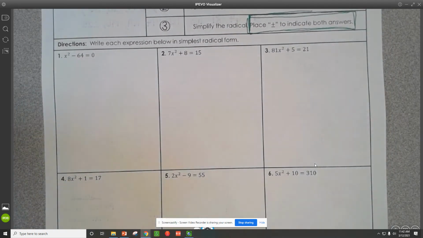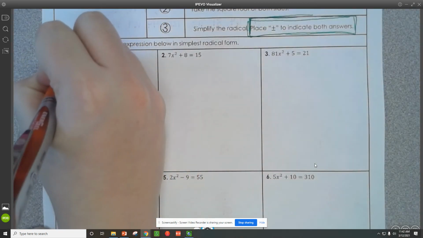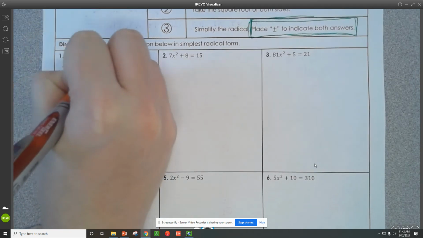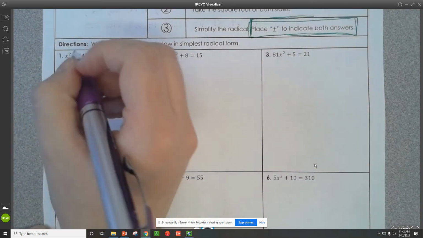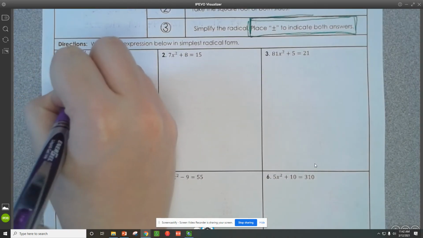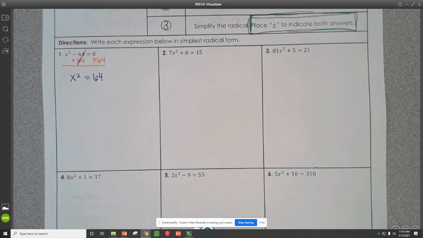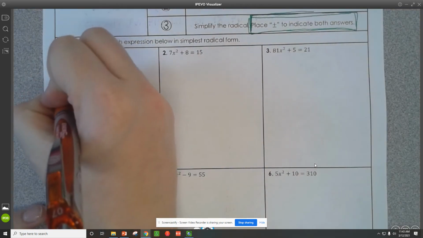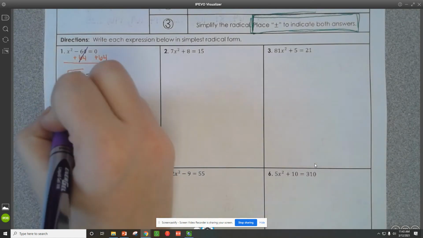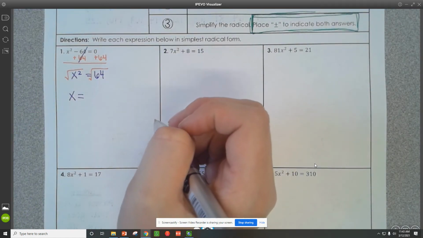So number 1, to solve this equation, we would first add 64 to both sides. Those cancel, giving us x squared equals 64. And then we take the square root. And so generally you would write x equals 8 because the square root of 64 is 8.